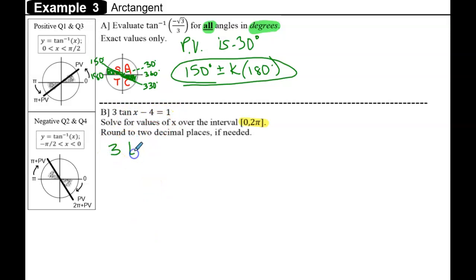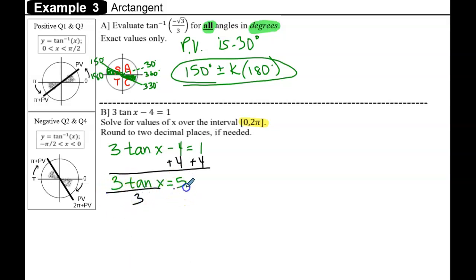Okay, next we're going to solve this equation. 3 tangent of x minus 4 equals 1. And we're going to start by adding 4 to both sides because we're trying to get that tangent of x by itself. So now we have 3 tangent of x is equal to 5. And then we'll divide both sides by this coefficient of 3.